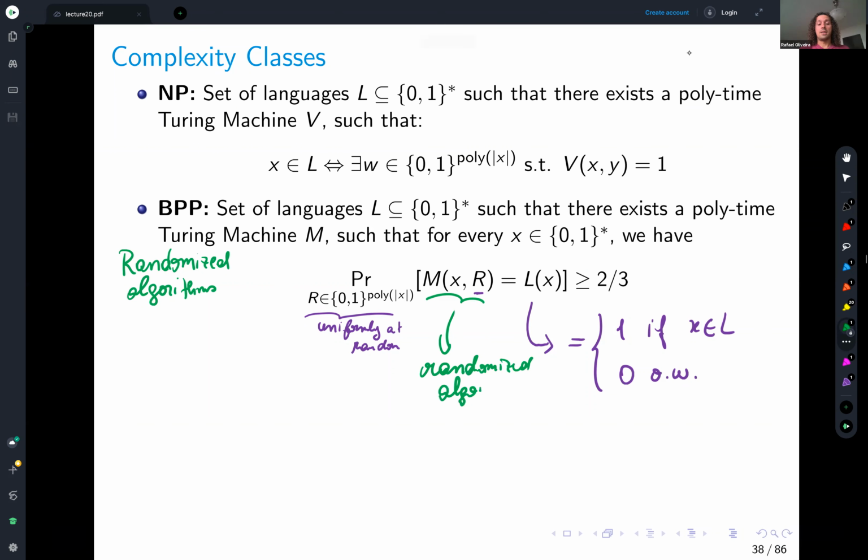Right? And here, what is this saying? It's saying that for most random strings, your algorithm, like this Turing machine M, will output the correct answer, right? So that's what BPP is saying.